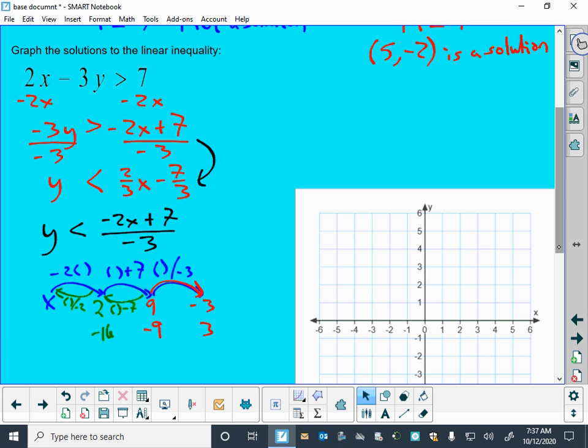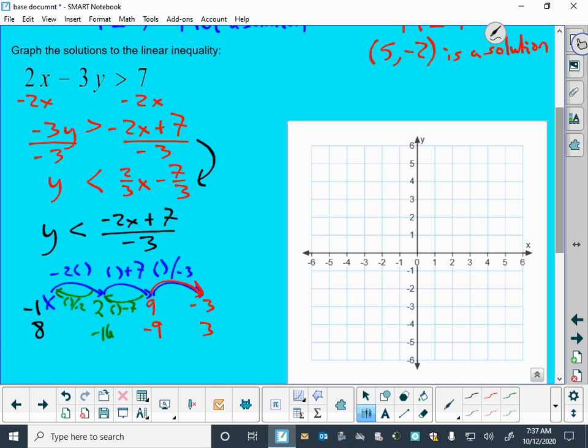And if I divide those both by -2, 2 divided by -2 is a -1. 16 divided by -2 is an 8. So it tells me the point -1, -3 is on this graph. So -1, -3. My other one is not quite going to fit on here.